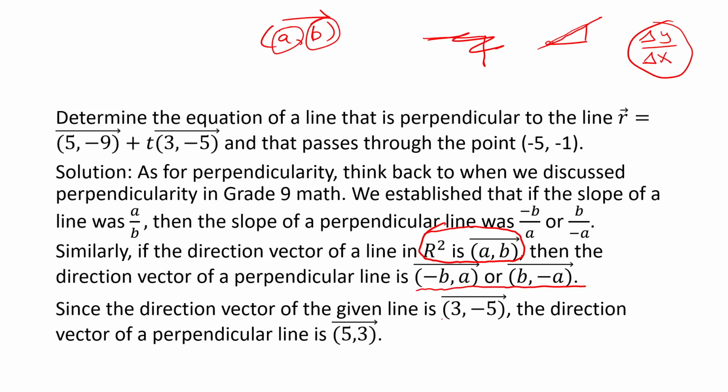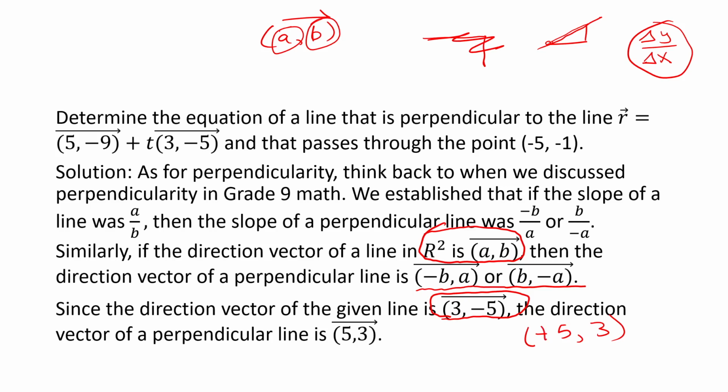So all we have to do is take this direction vector of 3, -5, and reverse them, -5, 3, and that would be akin to giving a reciprocal. But if we want to give a negative reciprocal, what we have to do is change the sign on one of those.